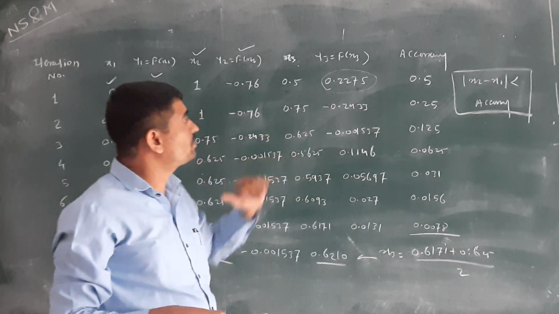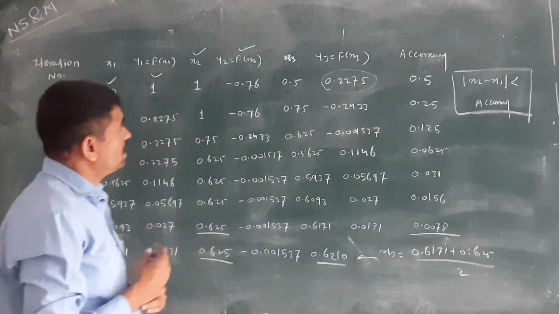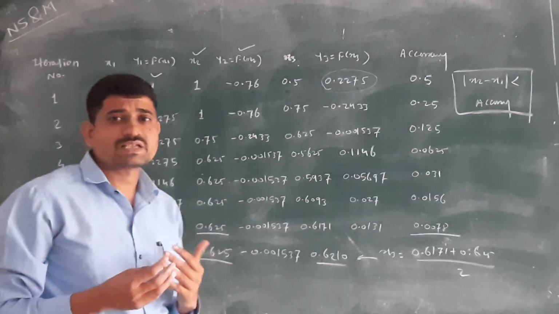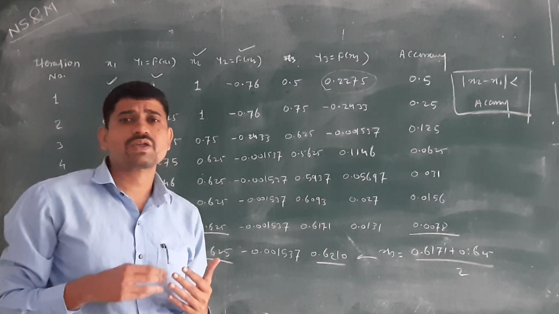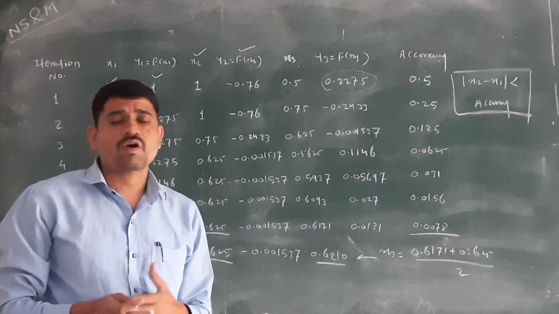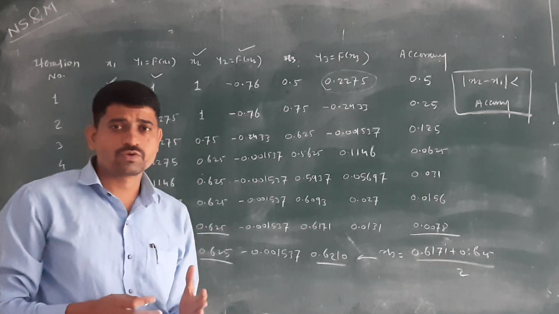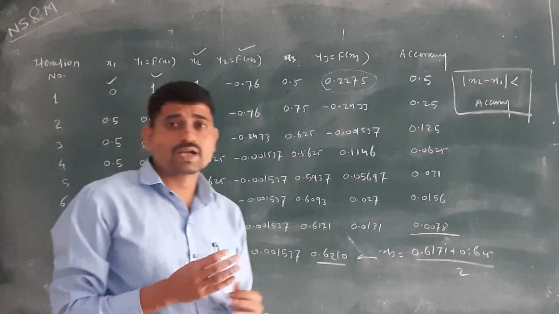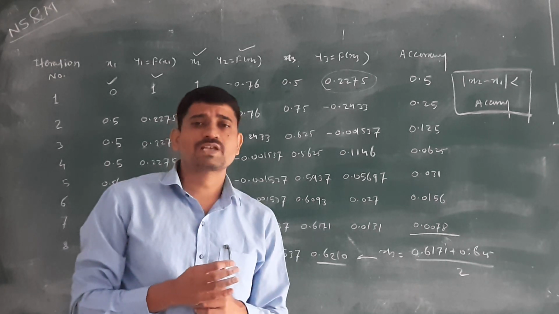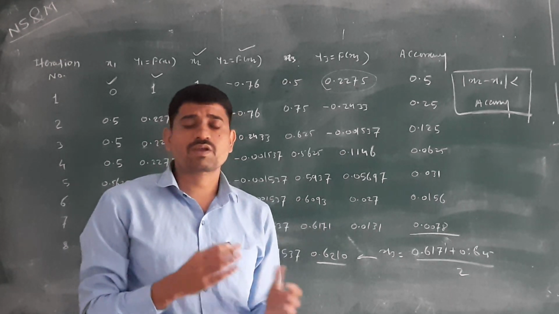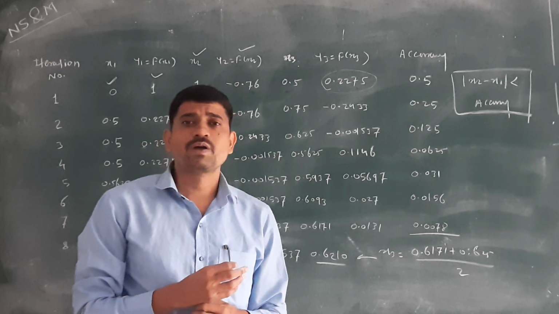Then we have step number 4, right? Replace the value x1 or x2 by x3. You have to check the sign of each value. Suppose x1 and x3 have the same sign, then we can write x1 is equal to x3, or f of x1 is equal to f of x3.